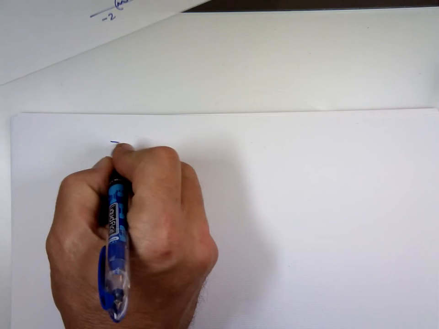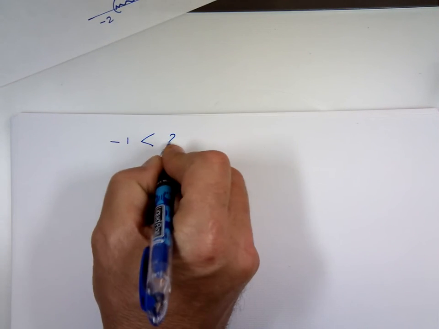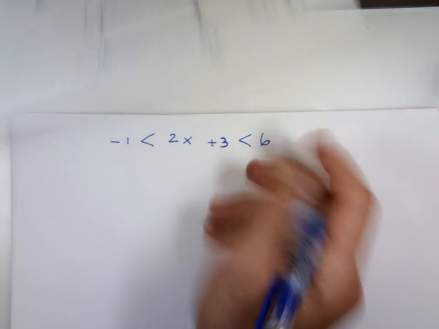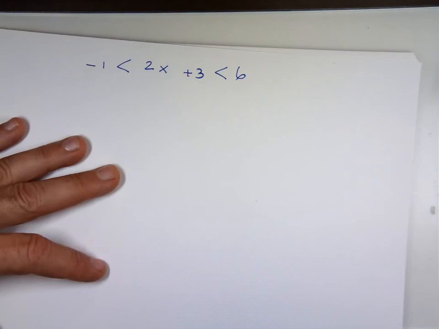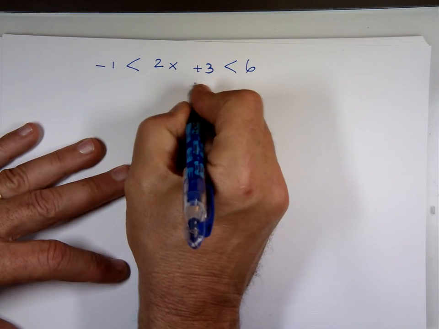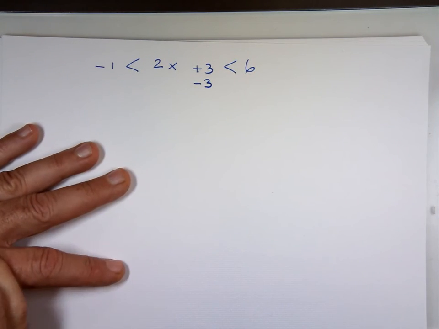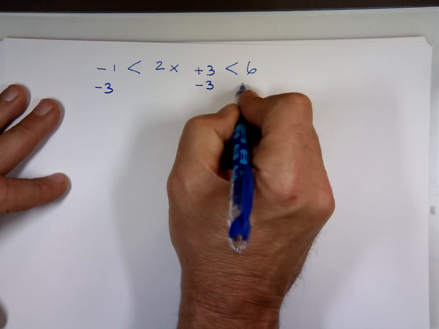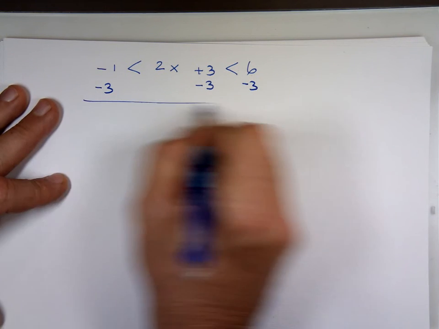if I take the same problem, notice I can subtract 3 from this end to isolate the x, right? If I subtract 3 from this end, I got to subtract 3 from here, 3 from here. You have 3 sides now.